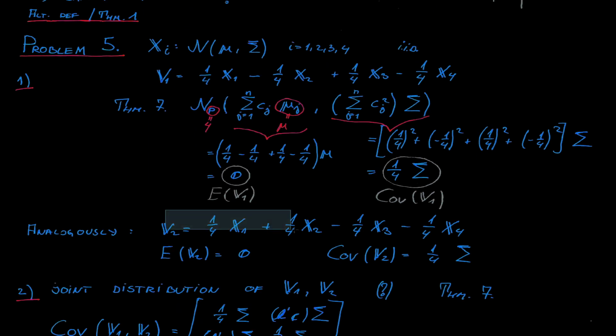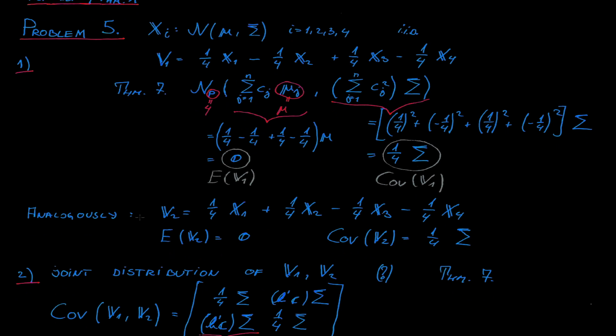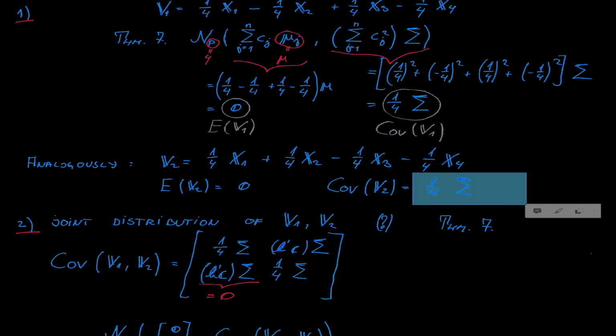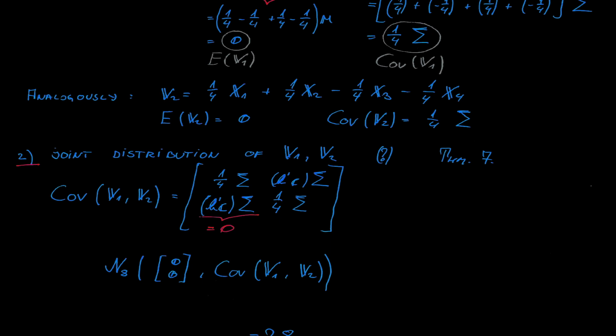The same way we can do that for this v2. And we get that it is actually the same. So the mean vector is the 0 vector, and the covariance matrix is given like this. And let's find the joint distribution. Theorem 7 again tells us how we can determine the mean vector and the covariance matrix.